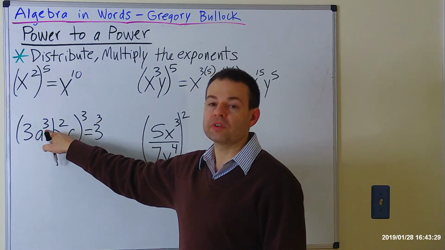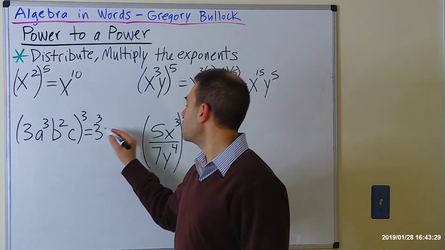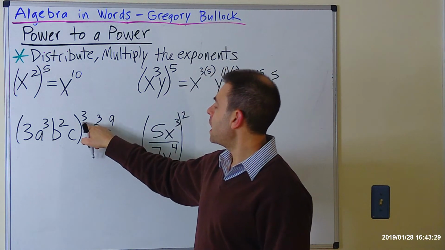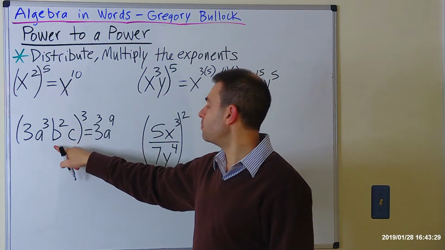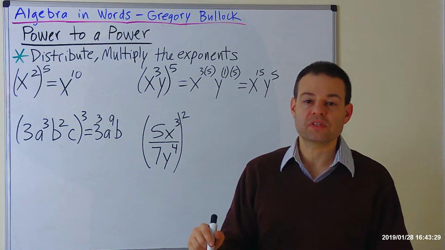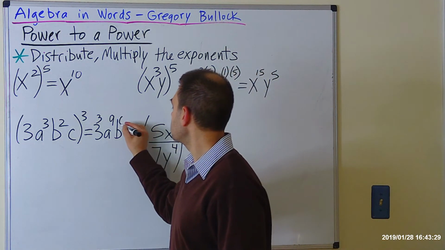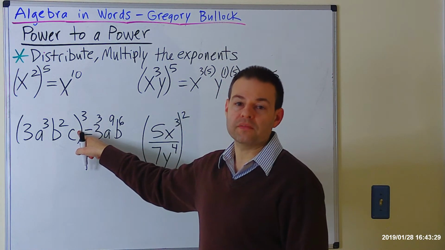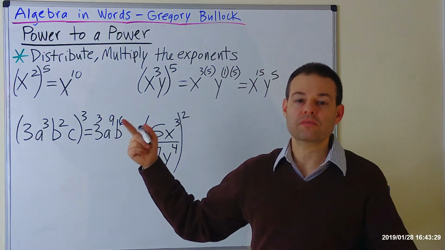3 times 3 of the power of a is going to be a to the 9. 3 times the 2 exponent of base b is going to be b to the power of 6, because 3 times 2 is 6. And then 3 times the unwritten power of 1 of c is going to be 3 times 1 is 3.